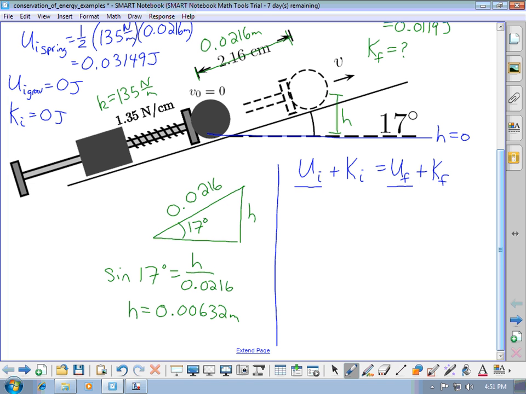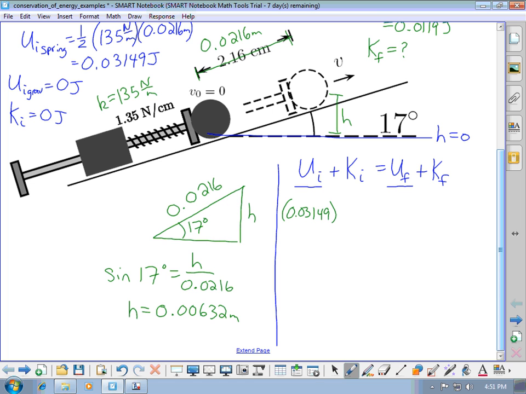In this problem, one or the other one of them is zero, but if we were looking at when the spring was partially compressed, we would have both gravitational potential energy and spring potential energy that we would need to worry about.